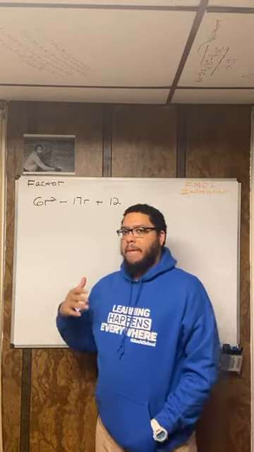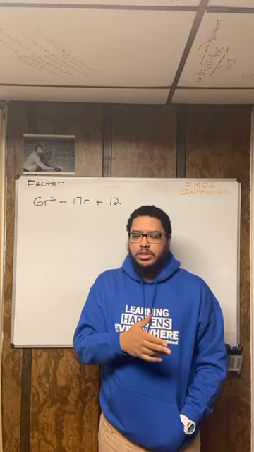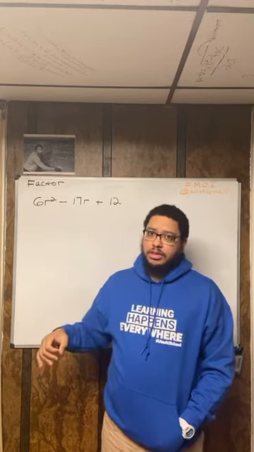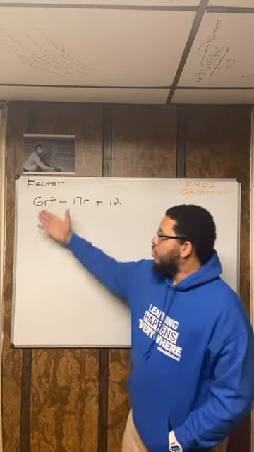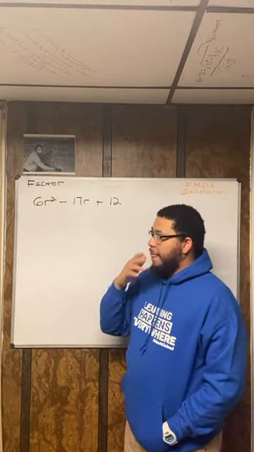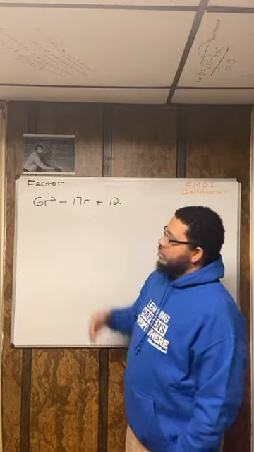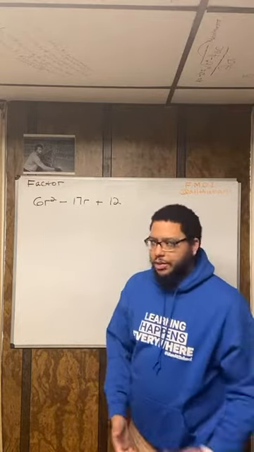Now, factoring is a little complex for some people because, for one thing, there are several different types of factoring that could be used depending upon what your expression looks like. If your expression is a trinomial like this one, 1, 2, 3, three terms, so that makes this a trinomial, it could be one type of factoring.